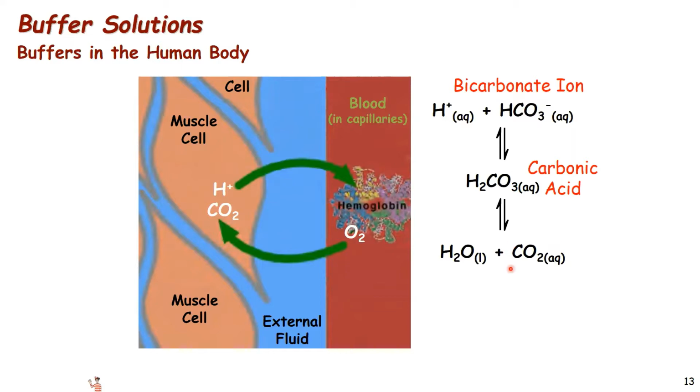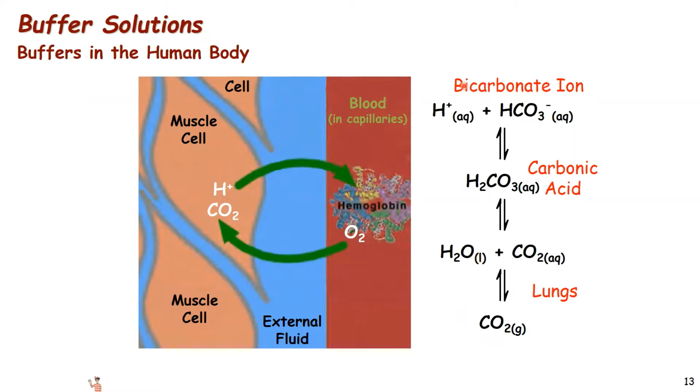Well, in this case, it's not gas. It's actually dissolved in your blood. If it was actually a gas in your blood, that could kill you. That would probably cause a stroke. But we can absorb limited amounts of carbon dioxide into our body, right? That's why sodas contain carbon dioxide, okay? And then we could expel some of that carbon dioxide.